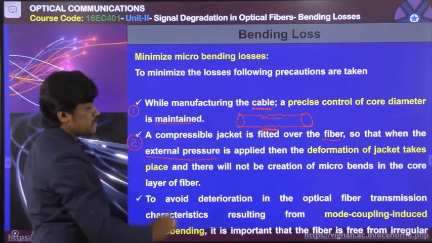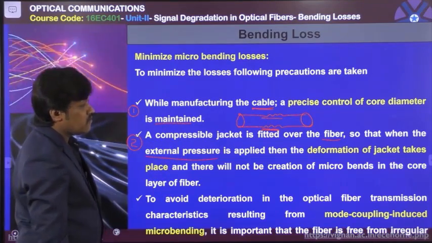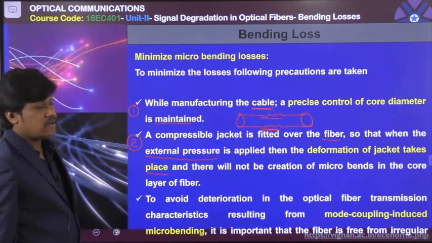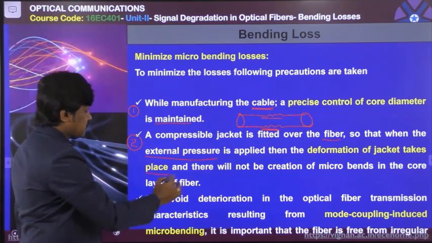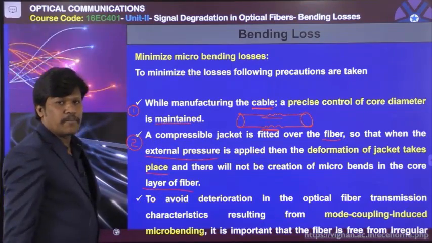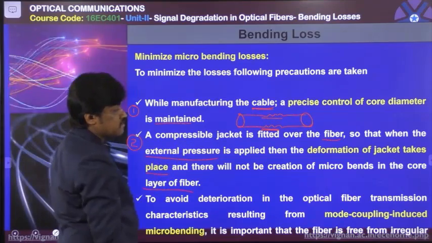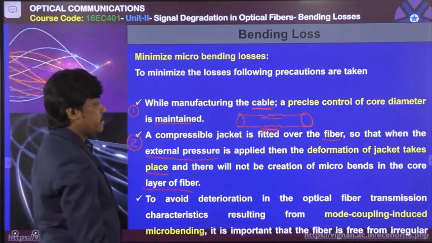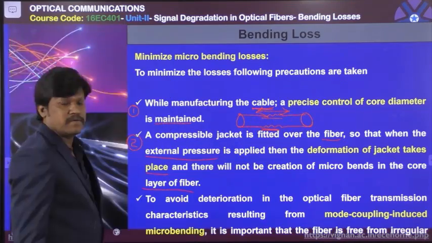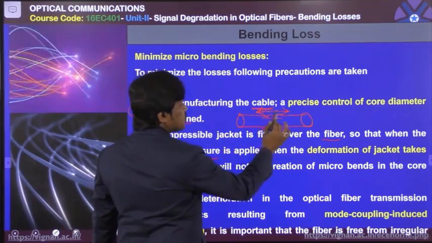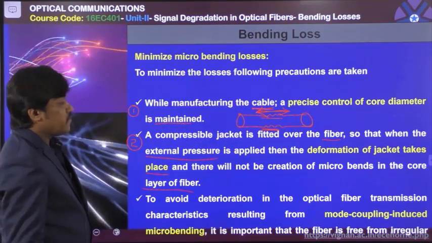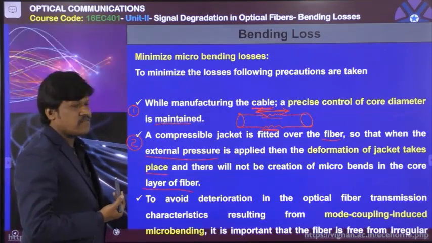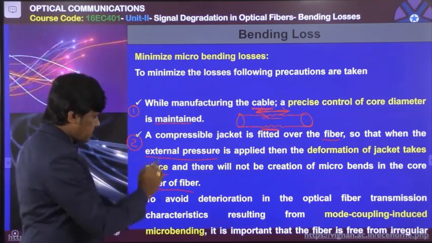When the external pressure is applied, someone is trespassing towards this optical fiber cable, the deformation of the jacket takes place and there will not be creation of micro bends in the core layer of the fiber.